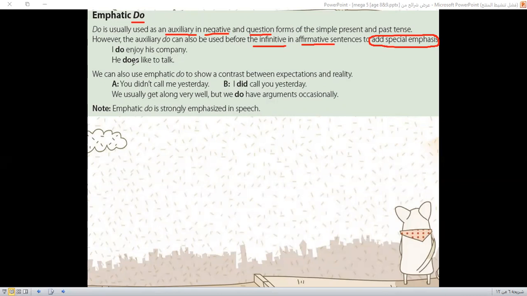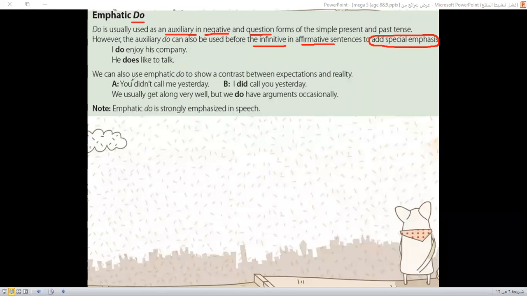He does like to talk. Those two sentences can go without do and does. I can say, I enjoy his company. He likes to talk. But I want to emphasize my sentence, so I would say, I do enjoy his company. He does like to talk.